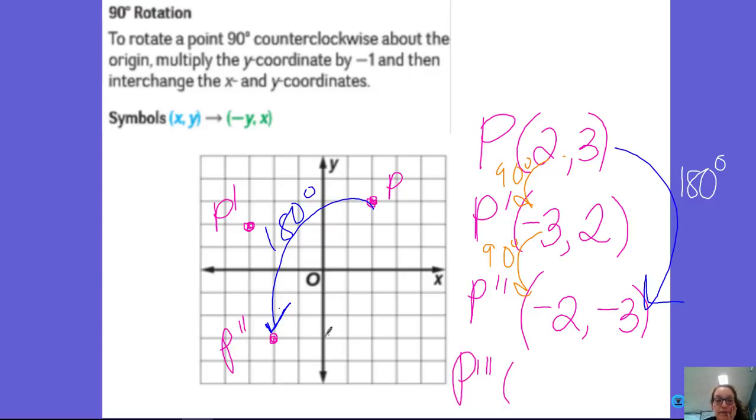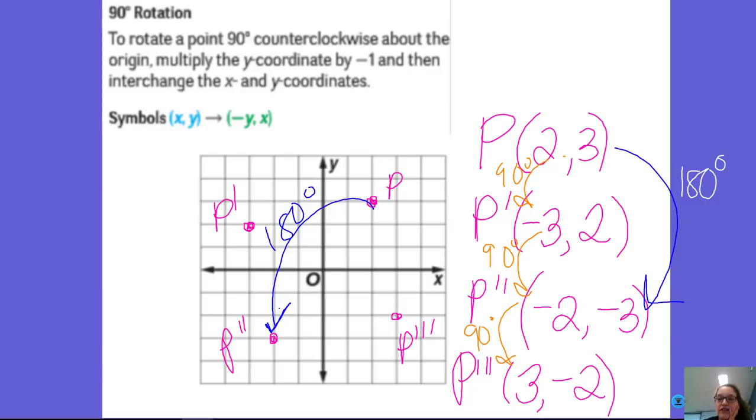I'm going to take the y coordinate and change the sign, so it's going to go from -3 to +3, and then send it to the front, and then take my x coordinate and send it to the back. So I end up at (3, -2) right here. So here's P triple prime. That's like I rotated 90 degrees one more time.